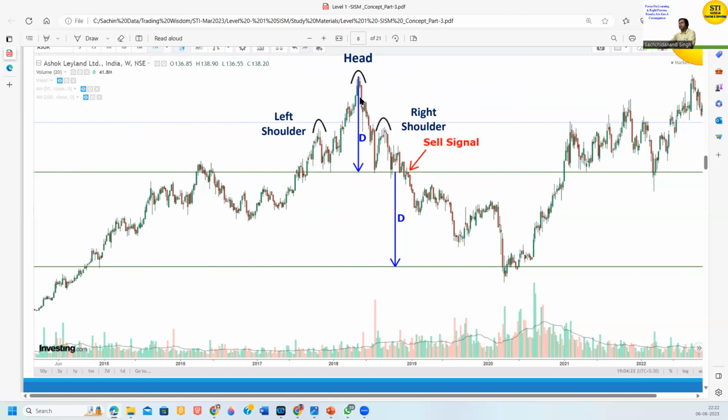If you draw a horizontal line for that, that line will be the target. The price difference will be the target once the neckline is broken, in a head and shoulders pattern.